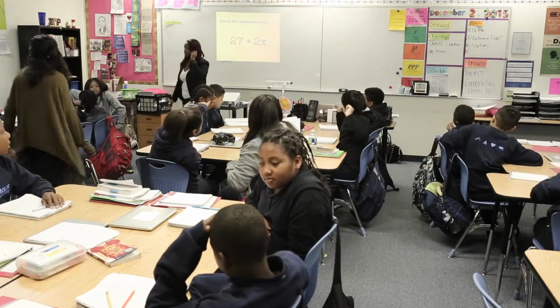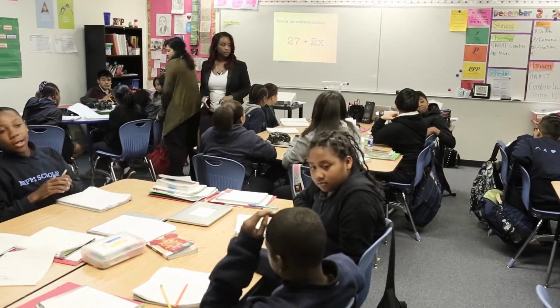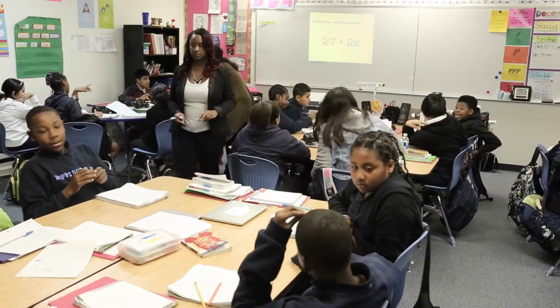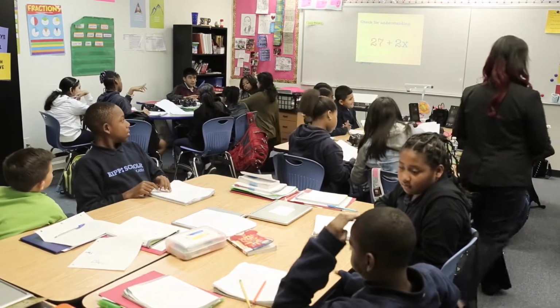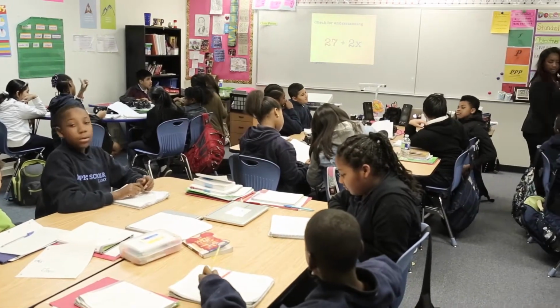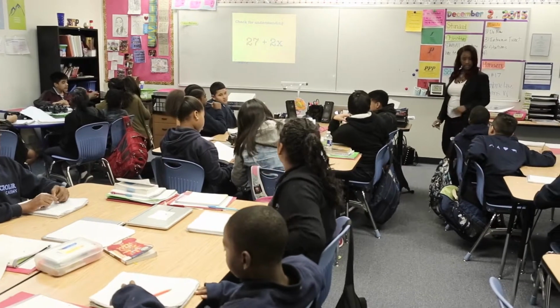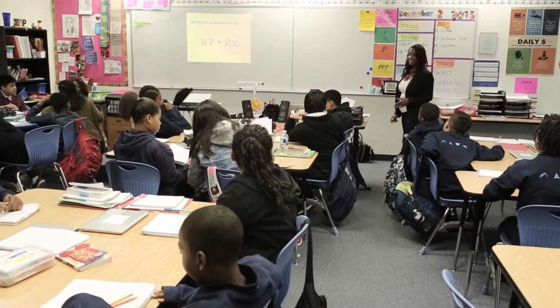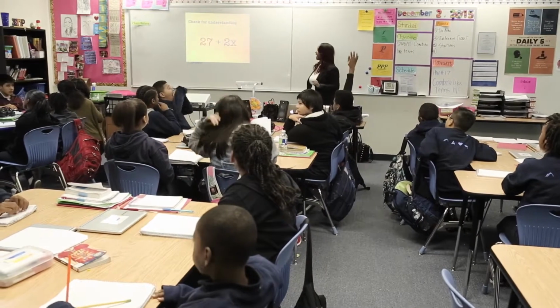Just talk about it. What is it, Mombasa? 5, 4, 3, 2, 1, 0. All right, what is the variable? X.